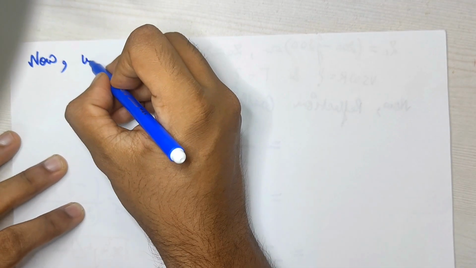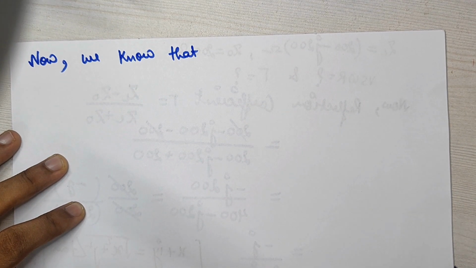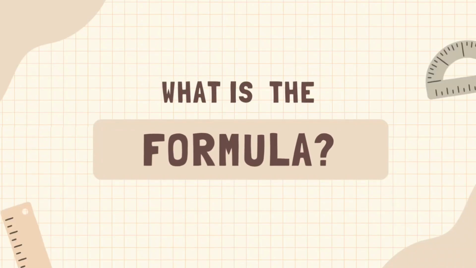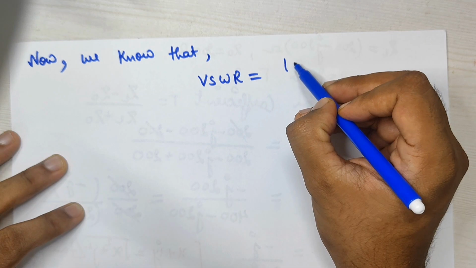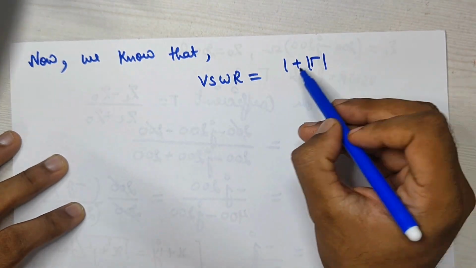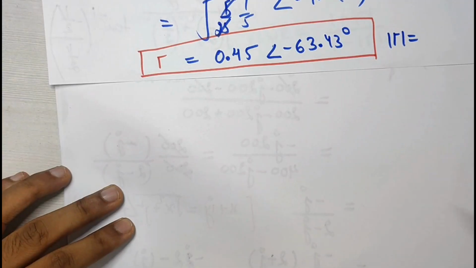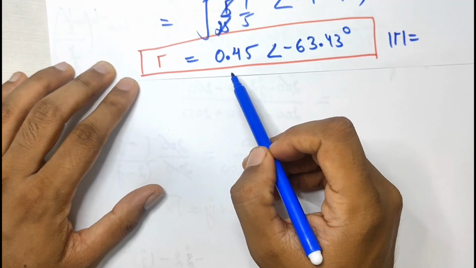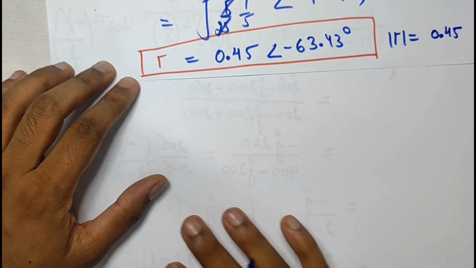Now we know the relation between standing wave ratio and reflection coefficient. What is the formula? VSWR can be written as 1 plus the magnitude of the reflection coefficient, upon 1 minus the magnitude of the reflection coefficient. What will be the magnitude of this reflection coefficient? That is nothing but 0.45. Right.